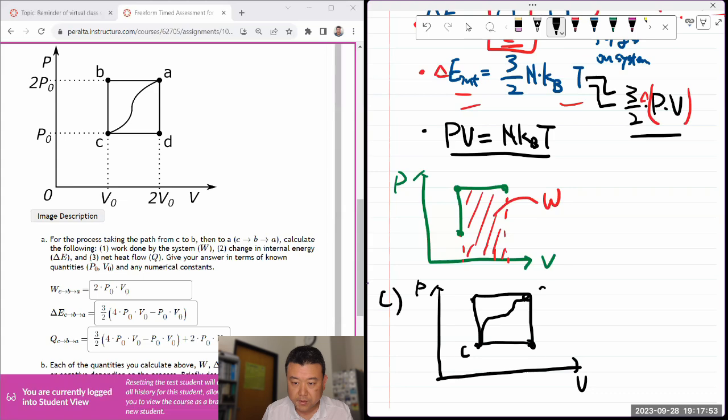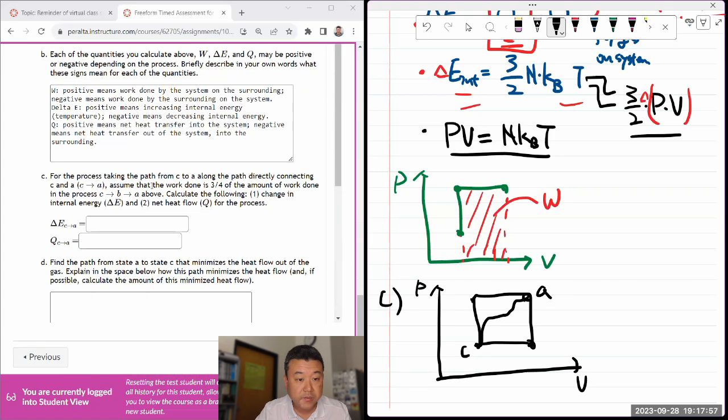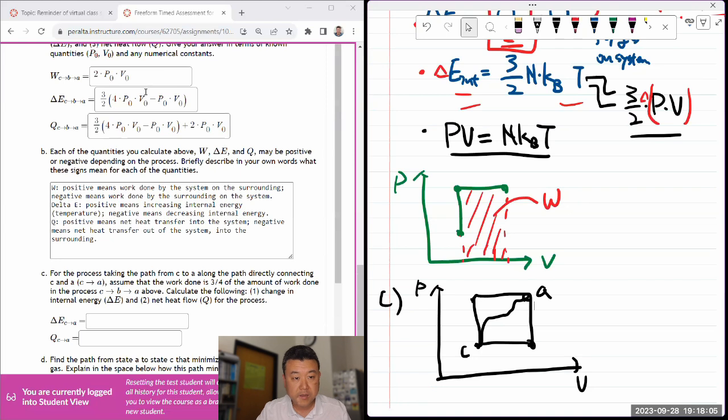I didn't draw it right, that's fine. So C to A, directly connecting. Assume that the work done is 3/4 of the work done that we calculated above. So what the question is telling us to assume is that this area for the work done is 3/4 of that, so 3/2 p naught v naught.